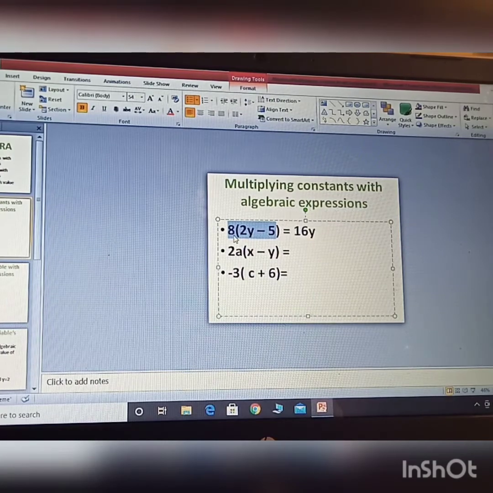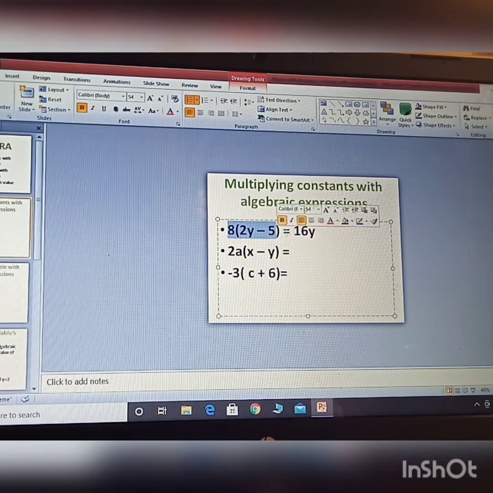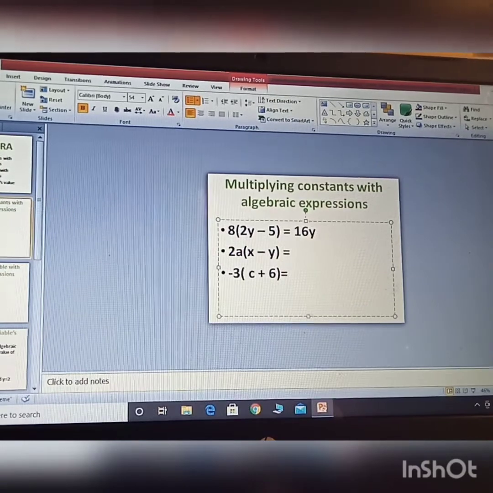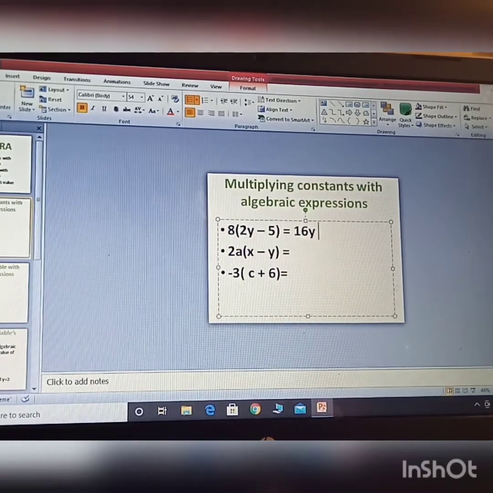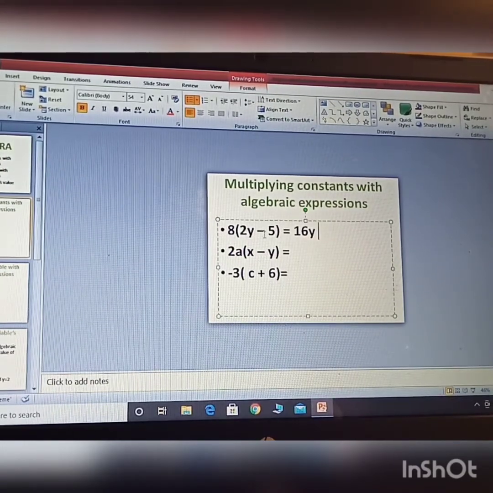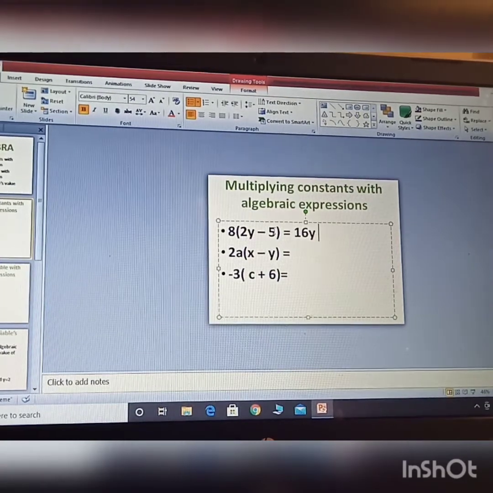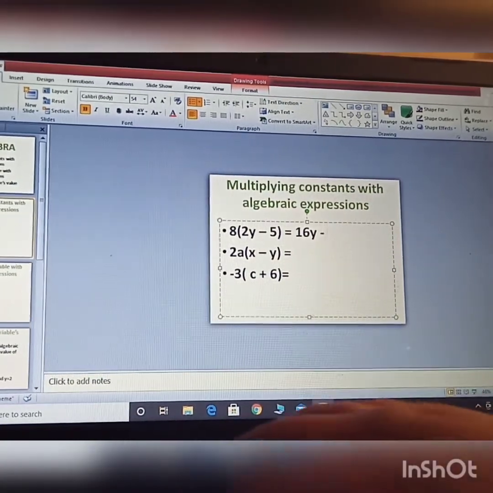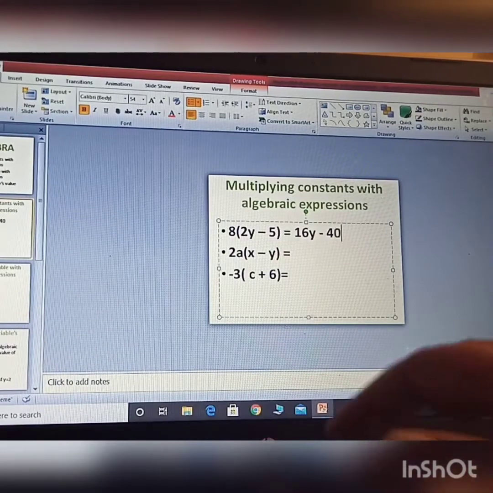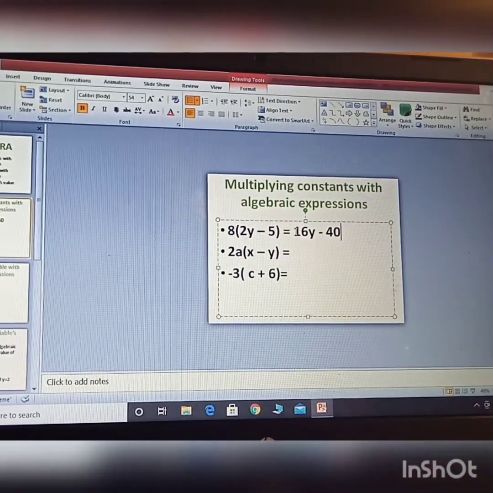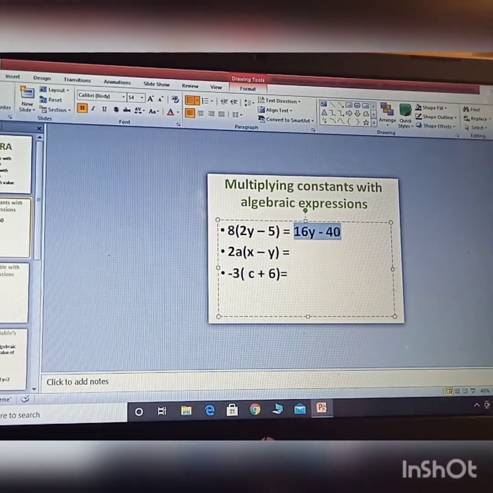So while multiplying it, you will get 8 5s are 40. And don't forget to multiply their signs as well. Plus 8 will be multiplied with minus 5, which gives you a minus 40. So here is the answer. This is done.